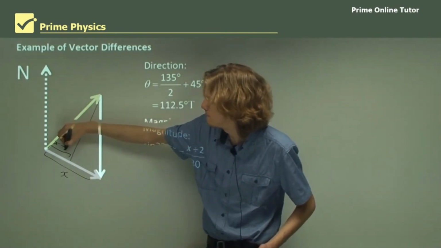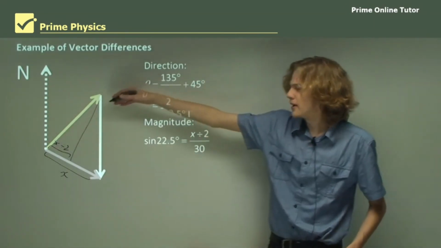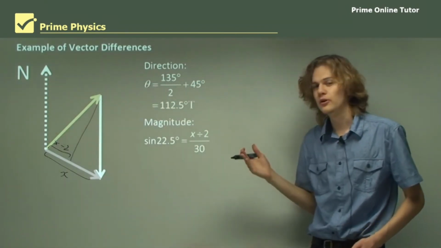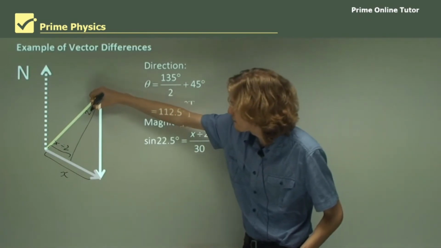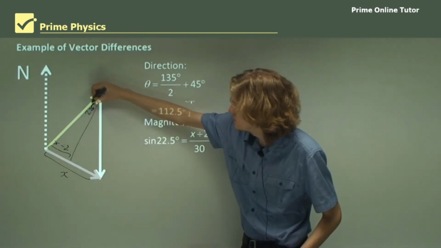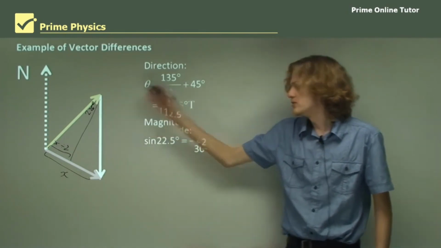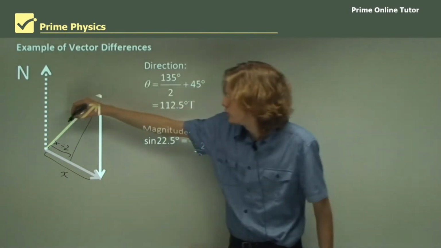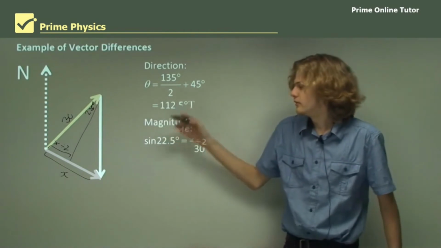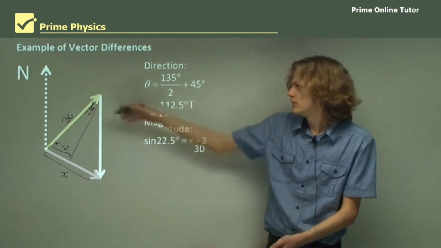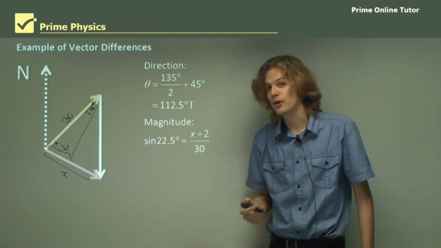Now this top angle is half of 45 degrees, 22.5 degrees. As we know, the length of this vector is 30 meters per second. So now we know the hypotenuse and the angle of a right-angled triangle.